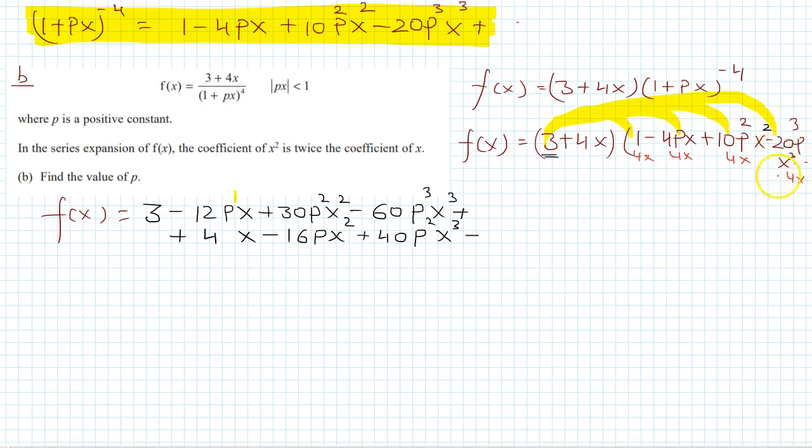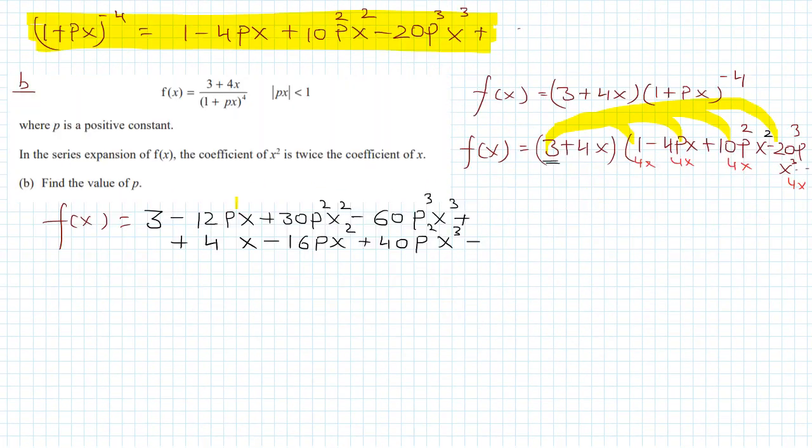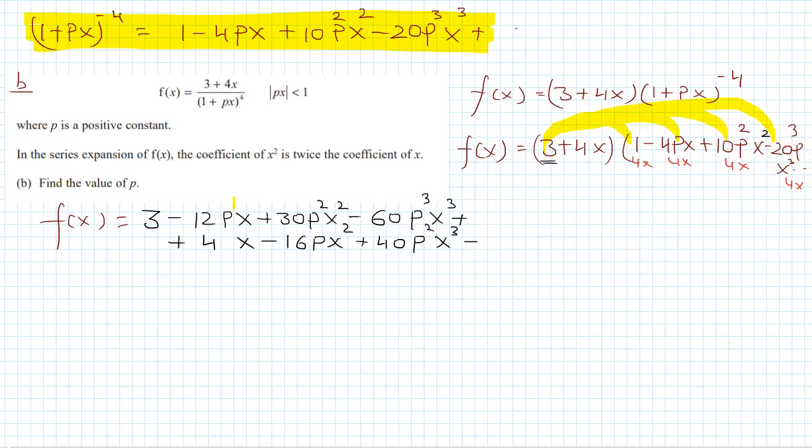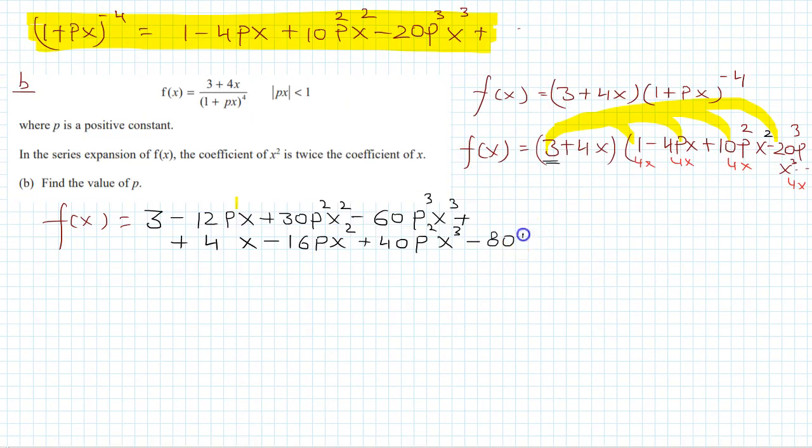Minus 80, minus 4 times 2 is 8, p³x⁴. We don't need this because this is asking up to x² anyway.